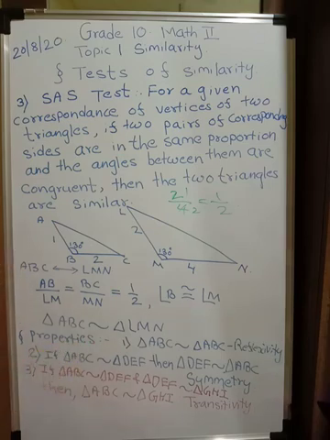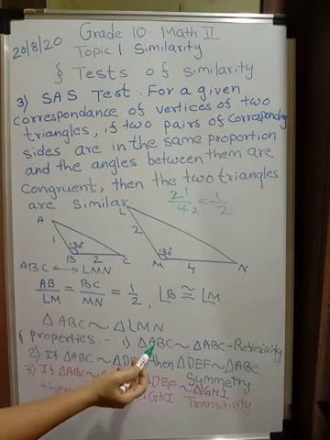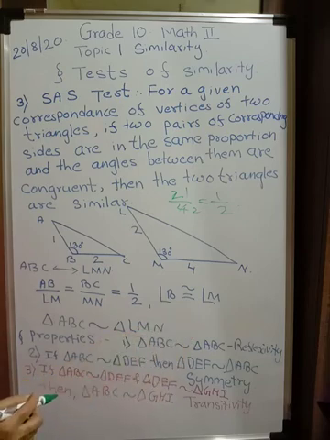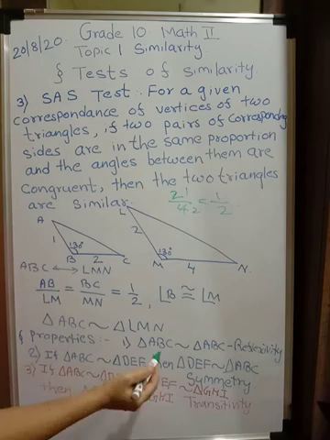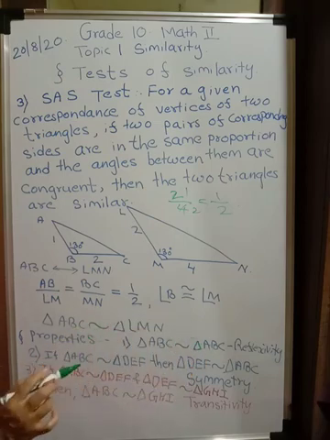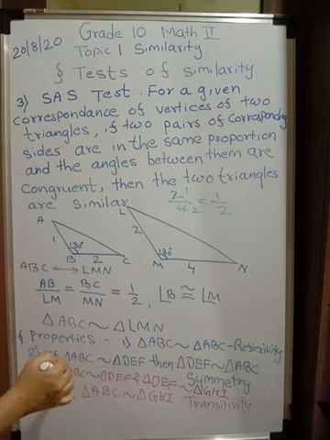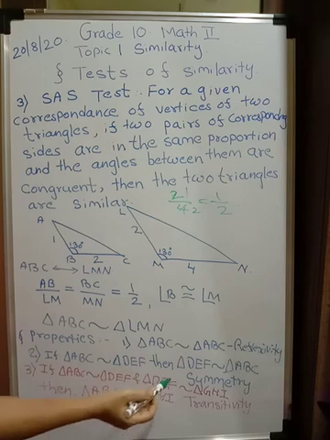Now see, there are some properties of similar triangles. Every triangle is similar to itself, that is reflexivity. Reflection, you know, of the same thing. So triangle ABC is similar to triangle ABC. A triangle is similar to itself. Now if ABC is similar to DEF, then DEF is also similar to ABC. This is nothing but symmetry.